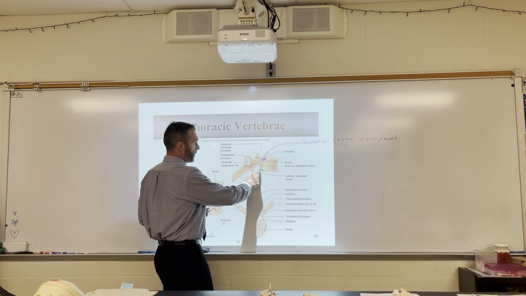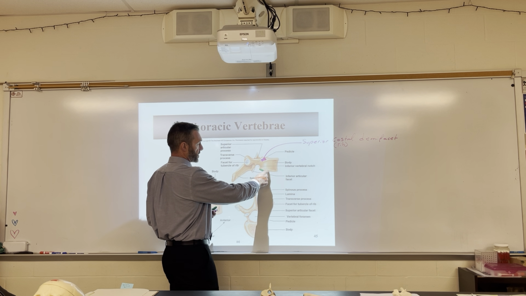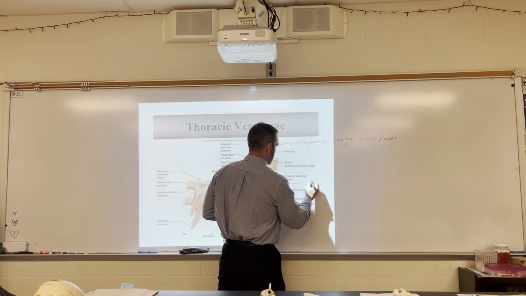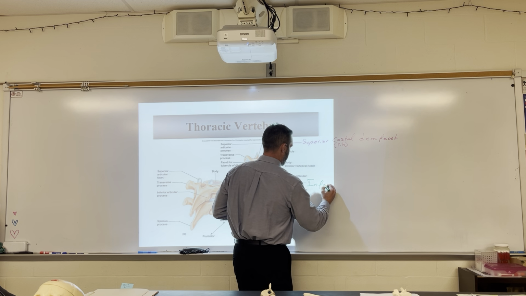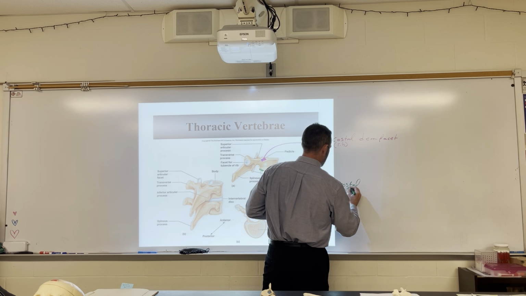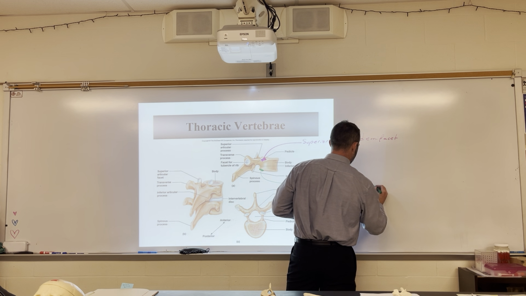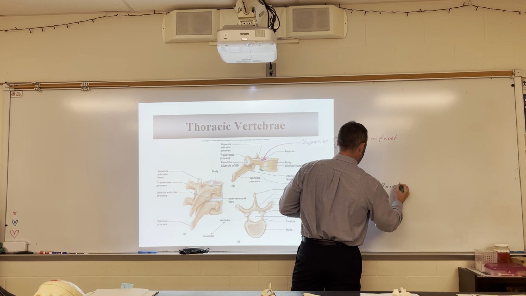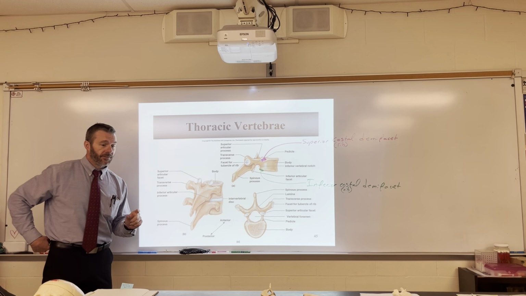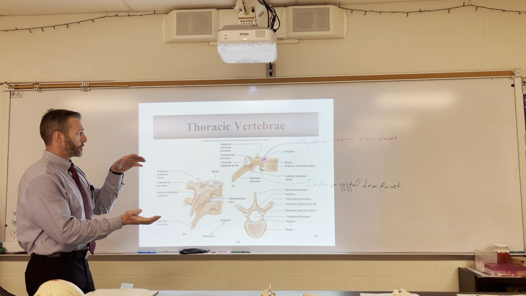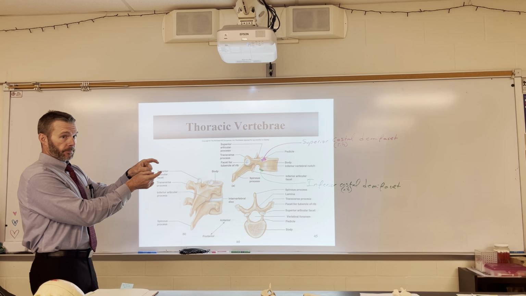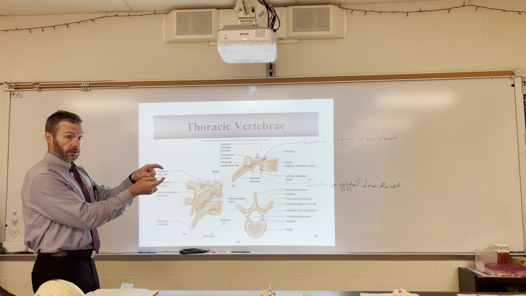And then on the inferior side of the thoracic vertebra, on this posterior corner, we have another divot. This is the inferior costal, so we'll make sure that's rib, demifacet. So since these demifacets are considered half facets, when you stack two thoracic vertebrae together, the half circles are going to meet up and they're going to create a full facet, if you will.